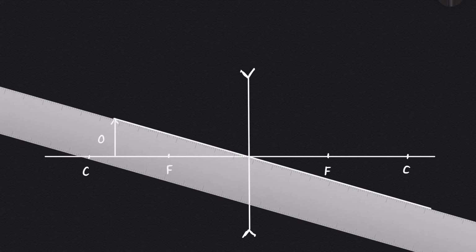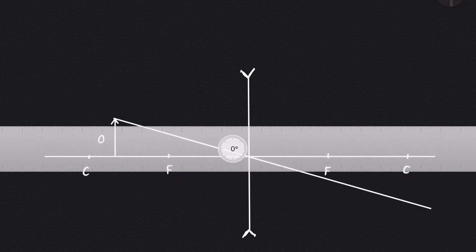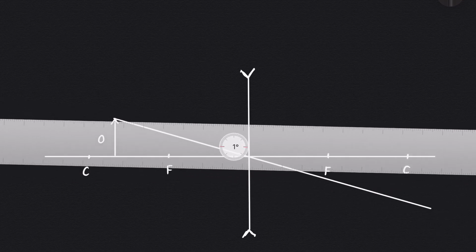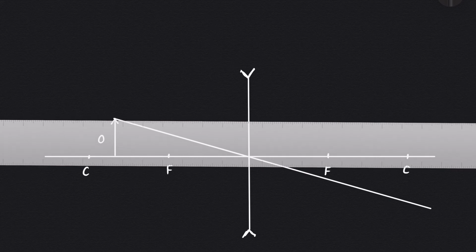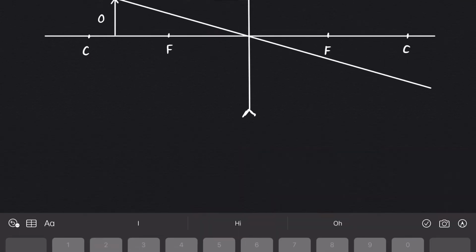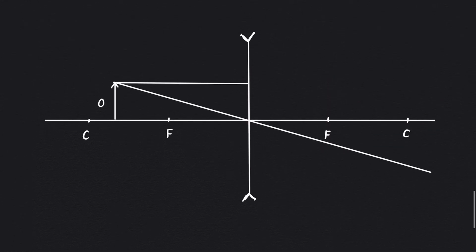Next, draw a parallel line. This time you cannot pass it through the focus. What you will have to do is align this point here with this focal point, the focal point on the object side.